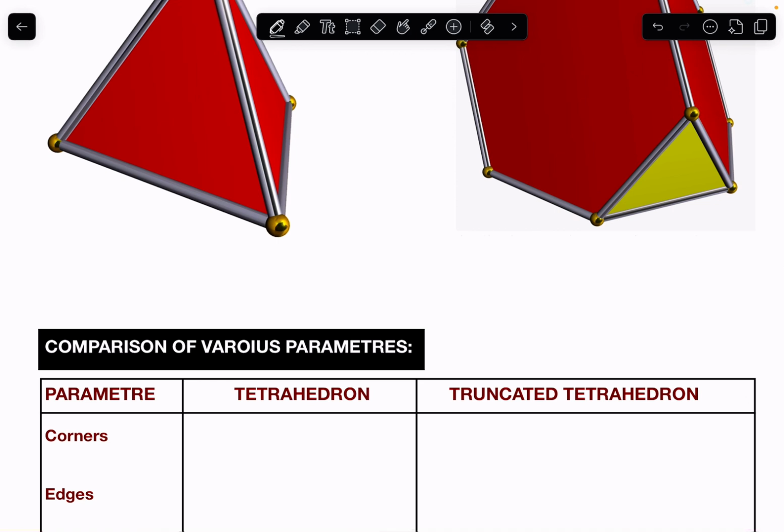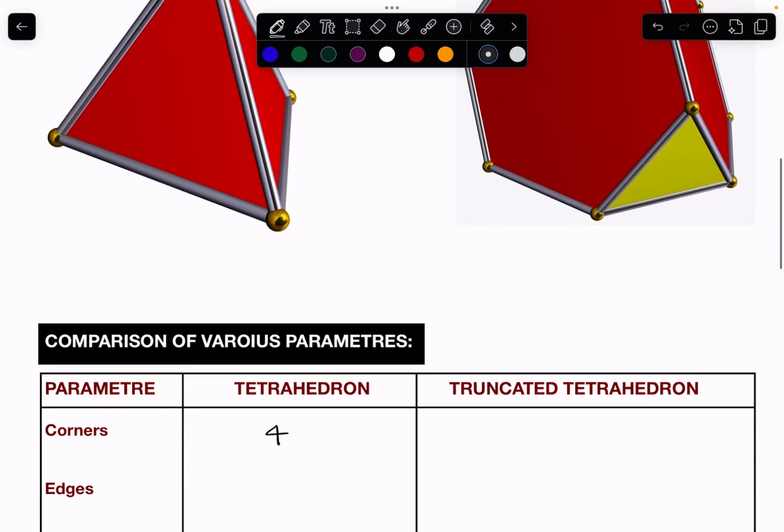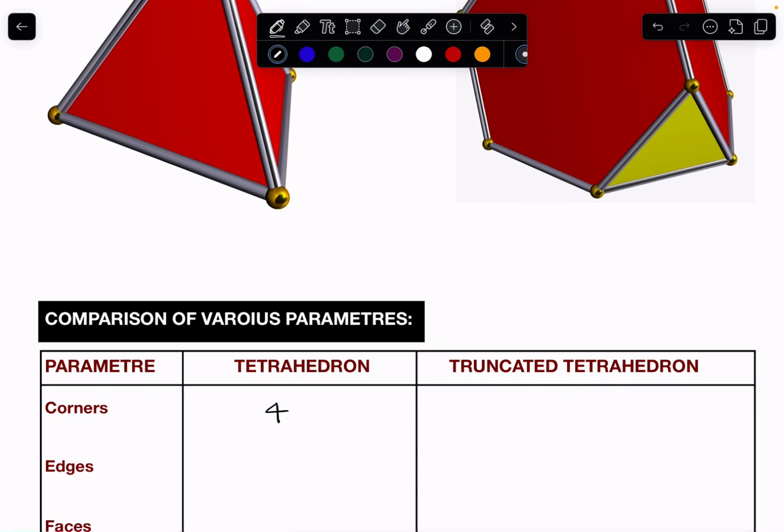So the number of corners possessed by regular tetrahedron is four. And if you see the number of edges, you can see here, this is the first one, this is the second one, this is the third one, this is the fourth one, this is the fifth one. In fact, the sixth one is not visible in this picture, that is between these two. So totally the number of edges in regular tetrahedron is 6.